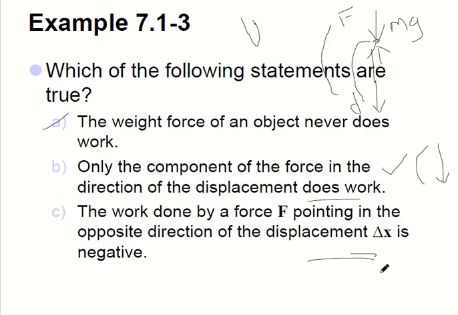Yes, if the force is going that way and your delta x is going this way, the work is negative, meaning you are in the opposite direction to where this is going. So this is correct. A is wrong; B and C are correct.